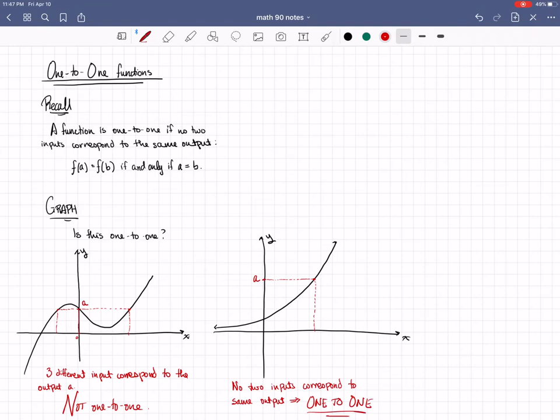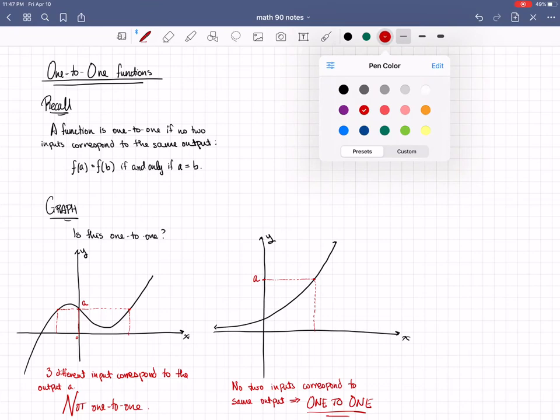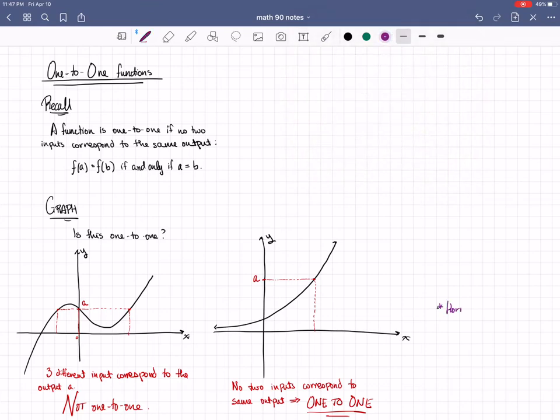What we are seeing here is something that will also be referred to as the horizontal line rule, which states that as long as no horizontal line crosses the graph of the function in more than one place, it is called a one-to-one function.